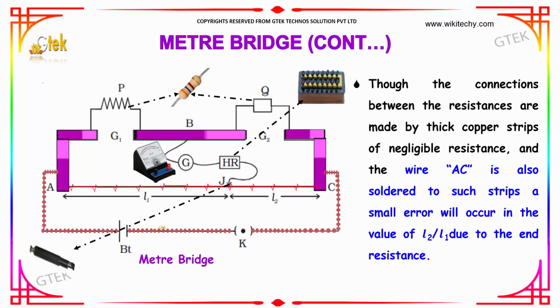Though the connections between the resistances are made up of thick copper strips of negligible resistance, and the wire AC is also soldered to such strips, a small error will occur in the value of L2 divided by L1 due to the end resistance.